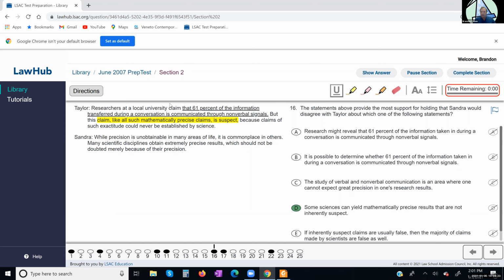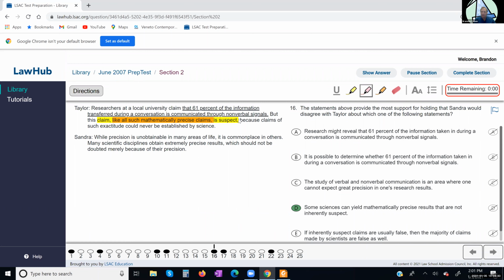So this research of 61% is something that is suspect. Now, technically, as I've discussed when we've talked about structure, this is actually not part of the main conclusion. It's kind of a sub-phrasing here, but it is part of what they're concluding.